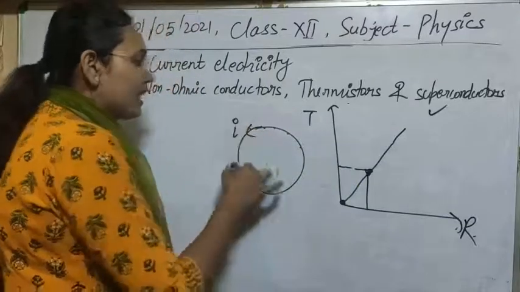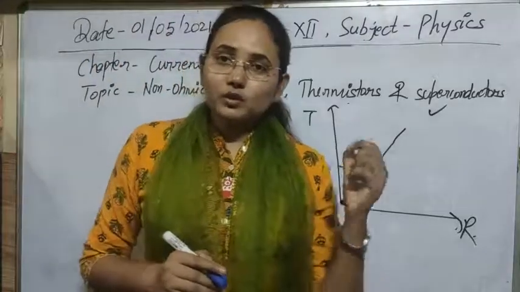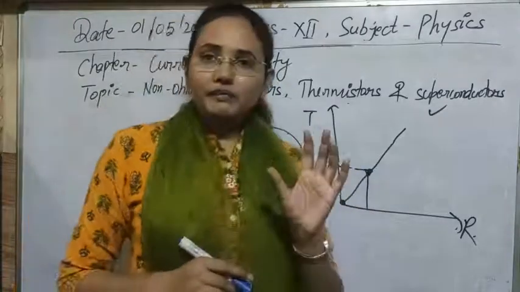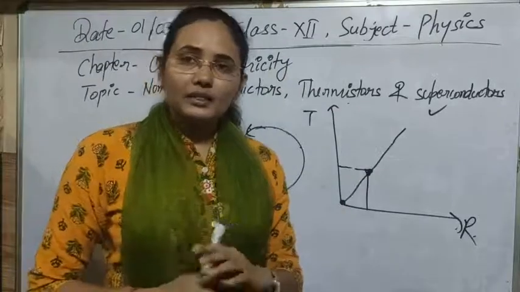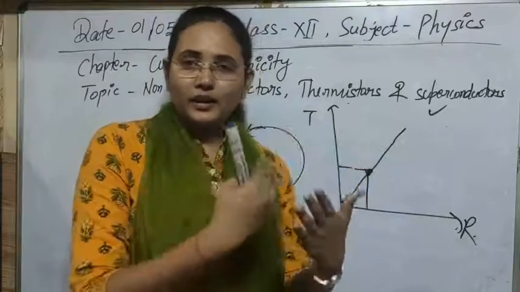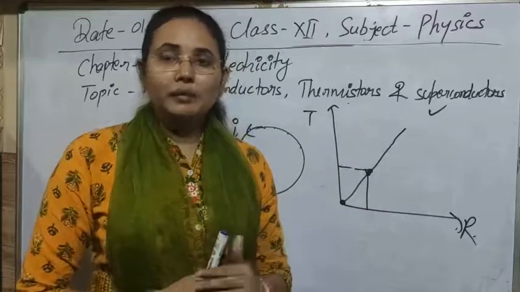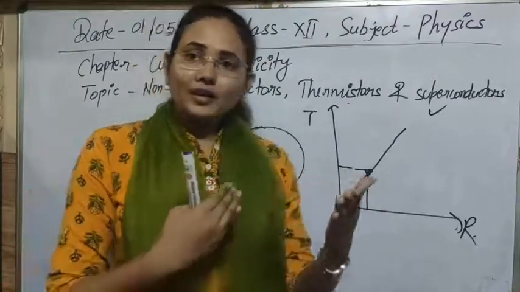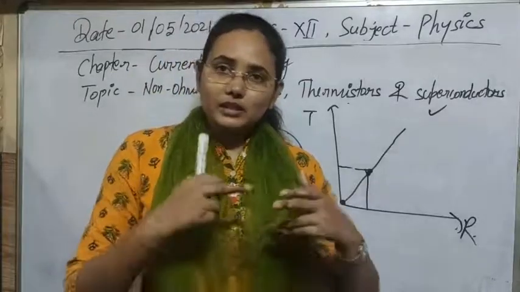If current starts to flow in such devices, or simply if you use a battery to give some additional energy to some of the electrons, then that electron will transfer its energy in a very orderly, very disciplined way to another electron with the help of vibration. As they are not colliding, they are no longer independent. So that's why they follow each other's path.